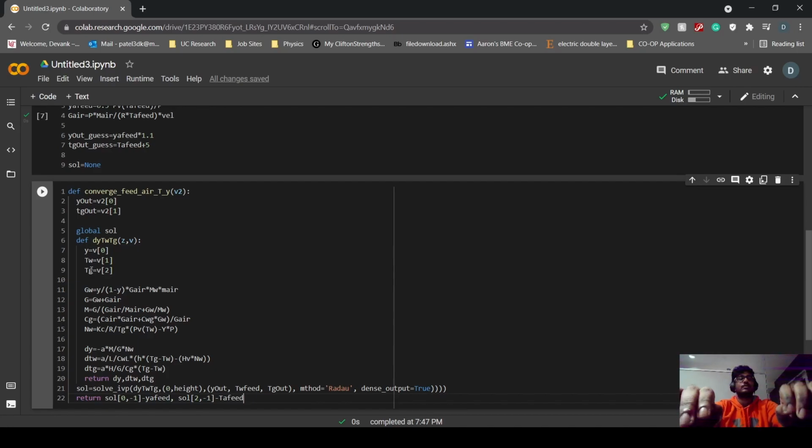And what this return function really does is uses the solution from the VP, and it allows us to converge, gives us a function to converge with the initial conditions. And this first part is referencing the mole fraction of the feed, and this second part is referring to the temperature of the feed.